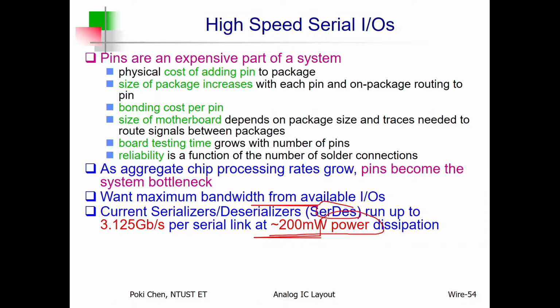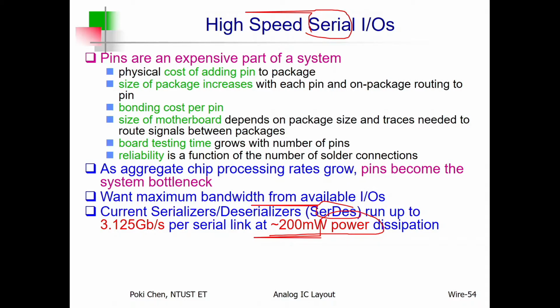For such serial communication, it can transmit only one bit or only one symbol at the same time. It cannot transmit two or three. So for the chip, we need a lot of I/O pins for such high-speed communication. However, pins are expensive part of the system.